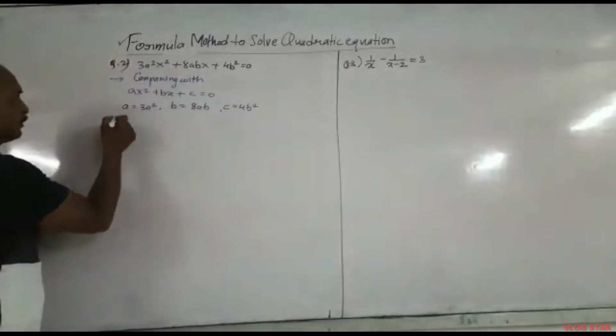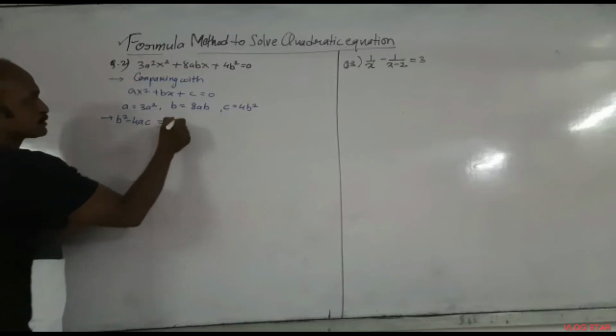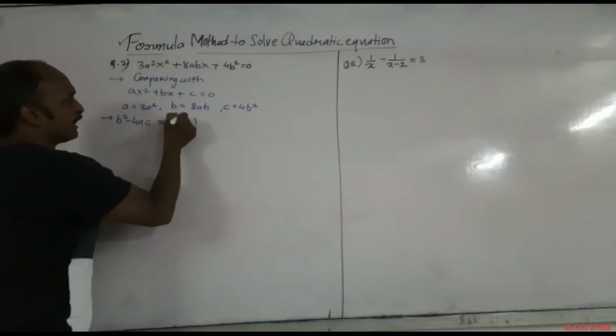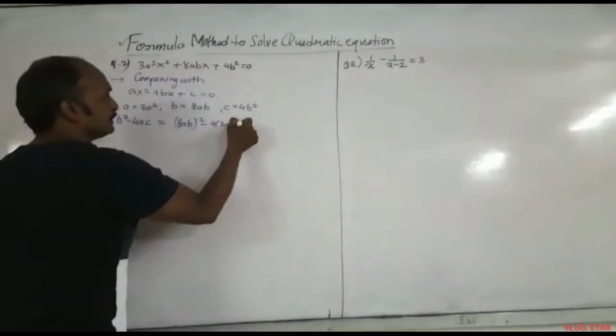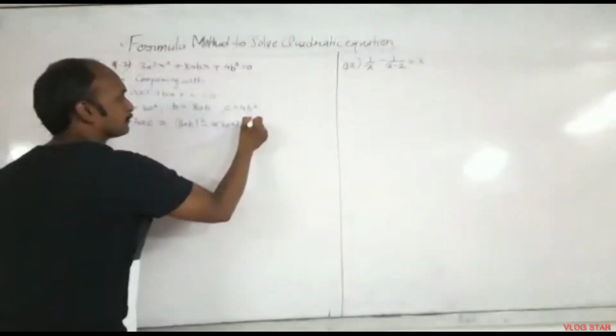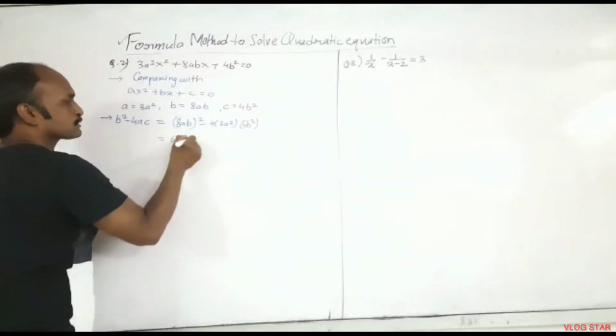Now find the value of b² − 4ac. So b² is (8ab)² minus 4ac. So let's simplify. 8² is 64, a²b².